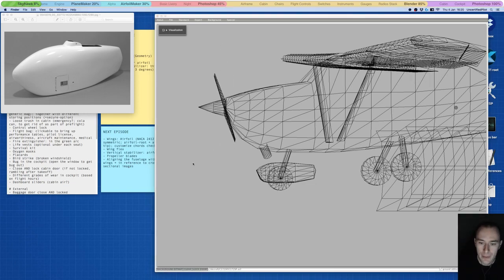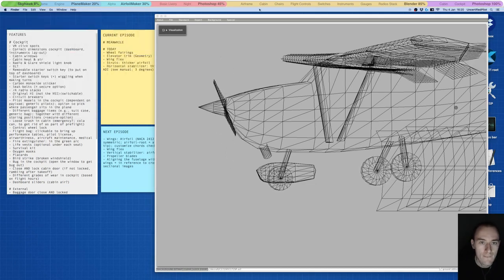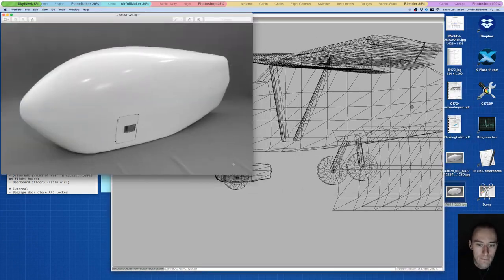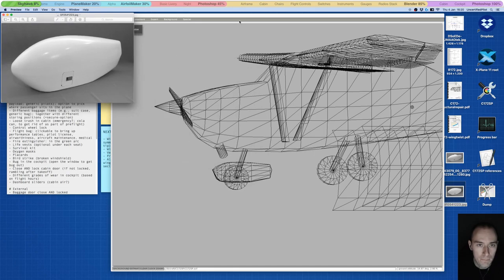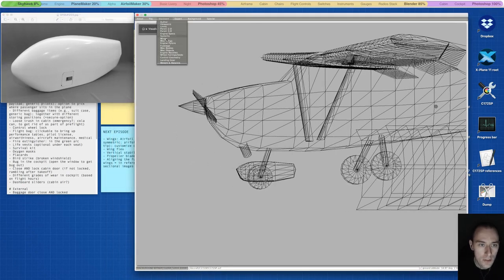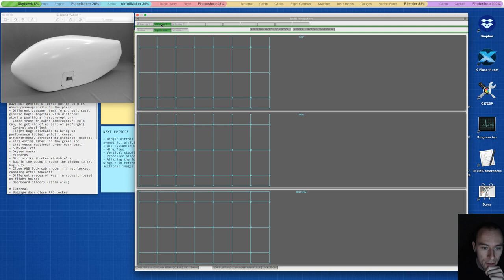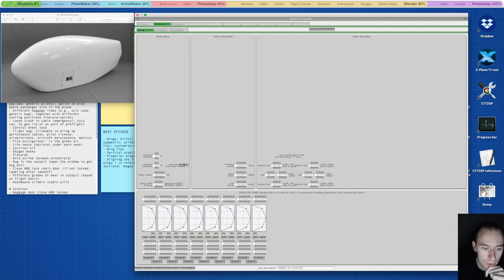Okay, main wheels. Standard wheel fairings. Fairing 2, same drill. 9.